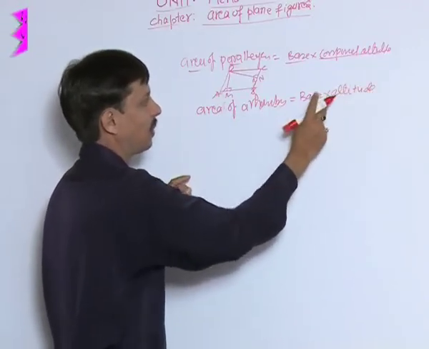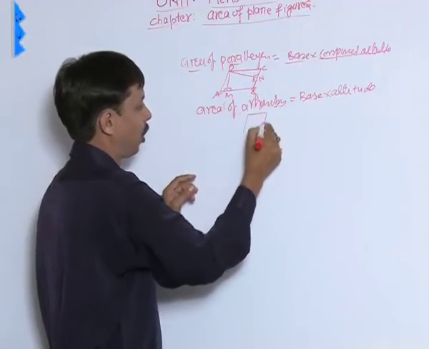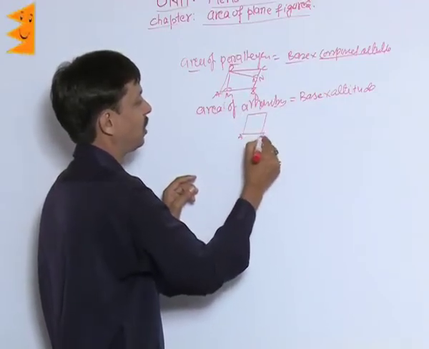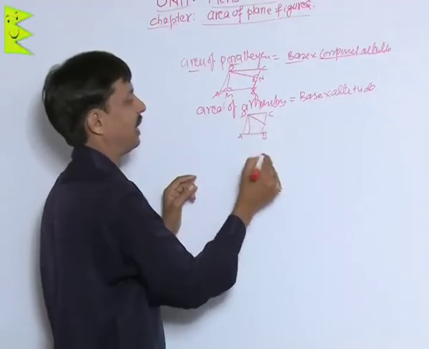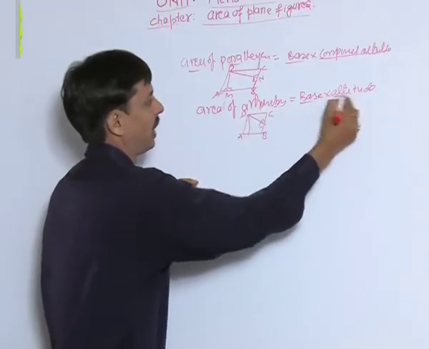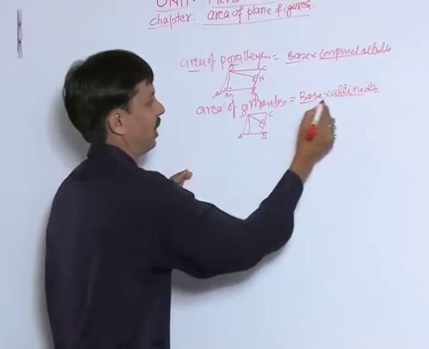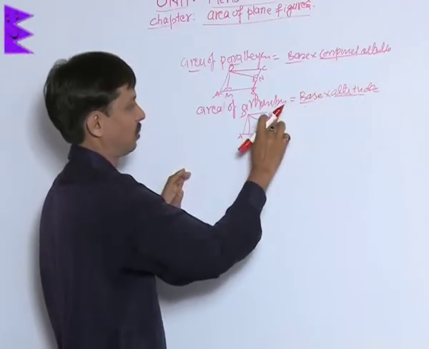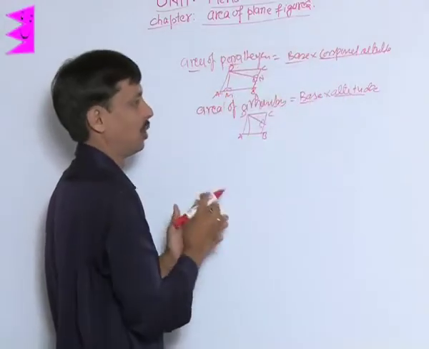I have removed the word corresponding because in the case of a rhombus, all the sides are the same and all the heights are also the same. So height is taken as altitude, and it is written as base into altitude for the rhombus, whereas for a parallelogram it is base into corresponding altitude.